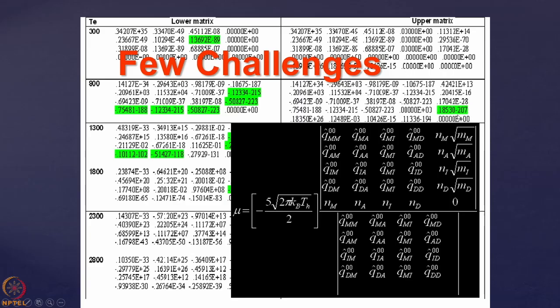It is 10 to the power minus 207. It is such a small number that whenever you go to the computer and give it this number, it will simply tell you 0, because it is such a small quantity. And when you are going to get a ratio of two such small quantities, the computer will tell you that there is an error, a 0 divided by 0 error kind of thing.